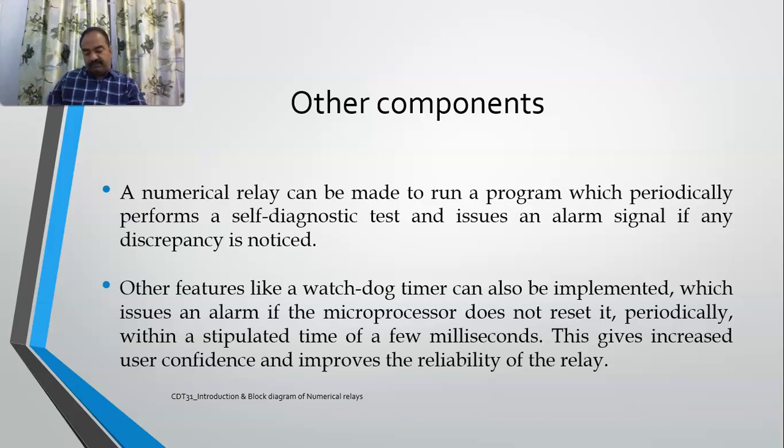Okay. So apart from this, the other components. Normally what happens is whenever it is not in use, the numerical relay can be made to run a program which periodically performs a self-diagnostic test and issues an alarm signal if any discrepancy is noticed. And there can be a watchdog timer also, which issues an alarm if the microprocessor does not reset it periodically.